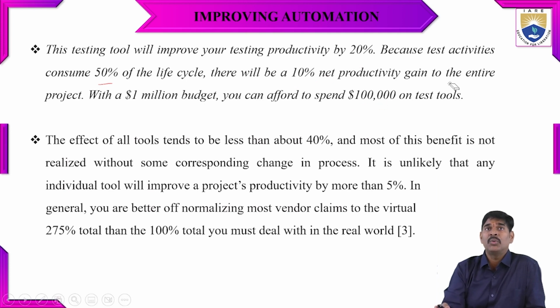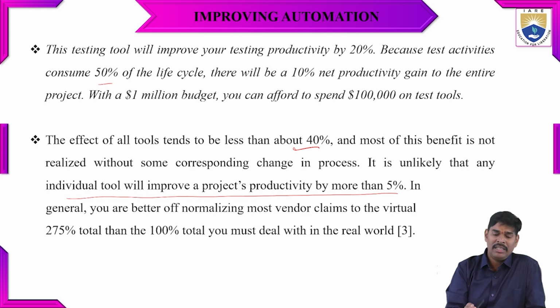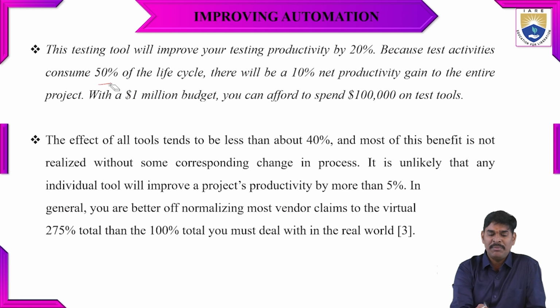When you are using the tools in an efficient manner, we can minimize the cost by 40%. Here, individual tools will improve project productivity by more than 5%. Even when you handle individual tools, the cost will be minimized by more than 5%.